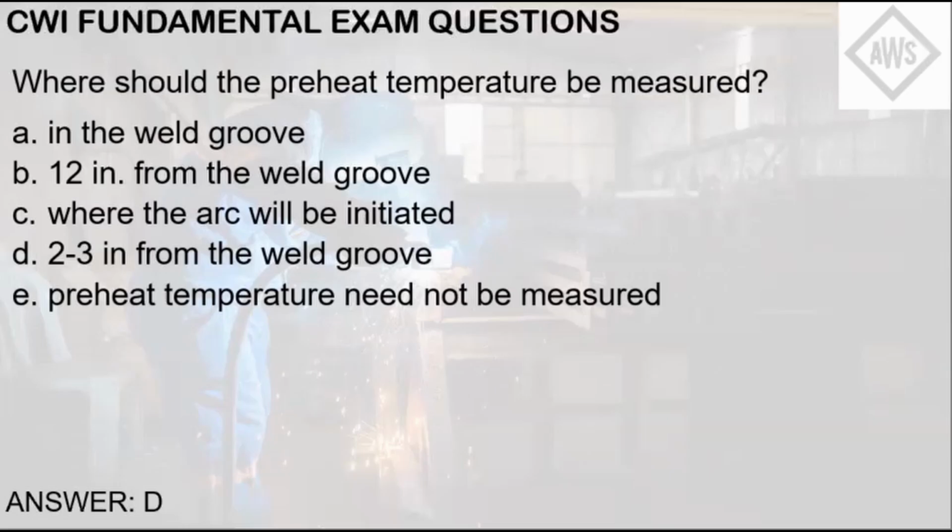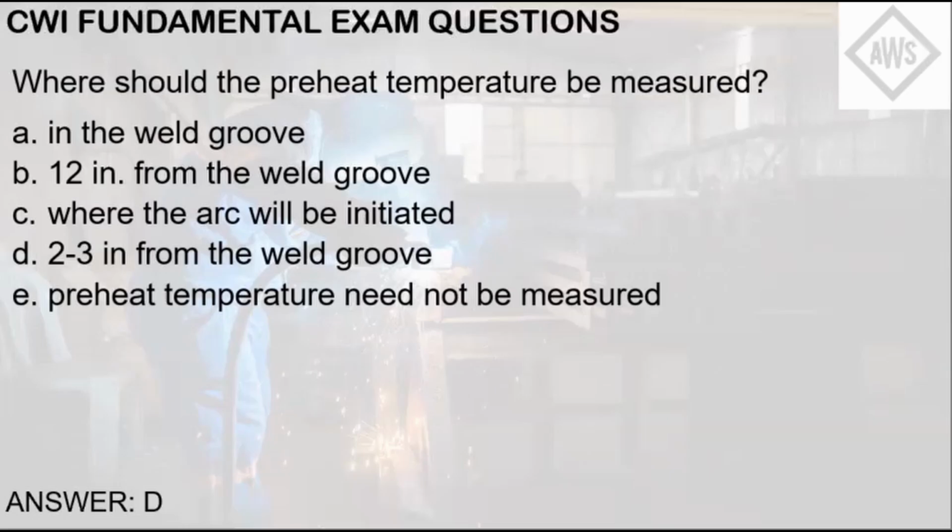When no preheat is used, the HAZ is relatively narrow and will exhibit the highest hardness. So as a welding inspector, you need to inspect the preheat temperature at the HAZ, because this is where the highest brittleness will happen.